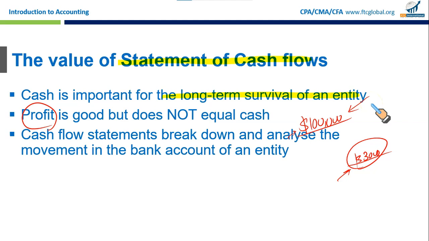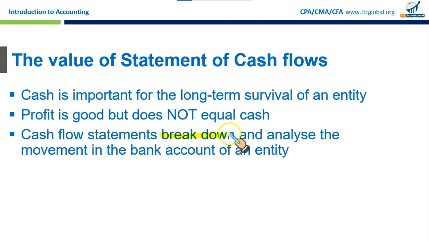Next, it says cash flow statement breaks down and analyzes the movement in the bank account of an entity. Yes, cash flow statement provides a detailed look into the inflows and outflows of cash. So it will help us understand how the cash position changes over a period, a quarter or a year or a 6 months period.